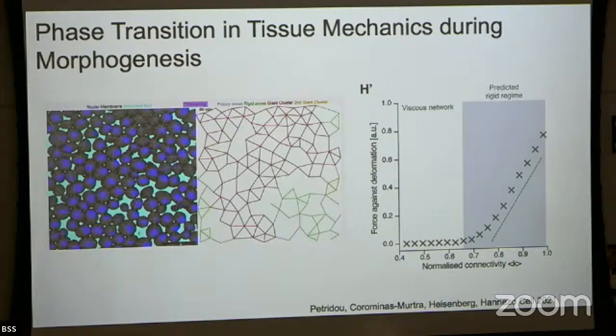One thing is that tomorrow I'm going to talk a lot about comparison with various experiments. Today, I'm still talking about systems where you only have a network made up of one filament type. There is no background gel, no second network or anything.